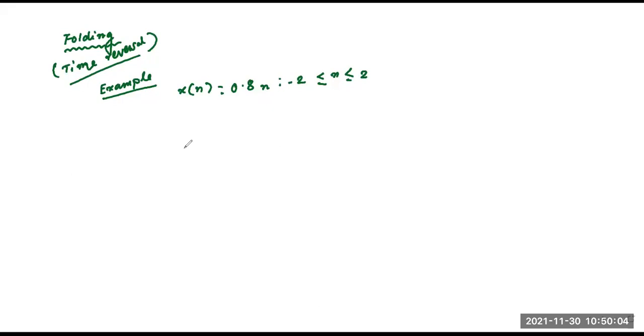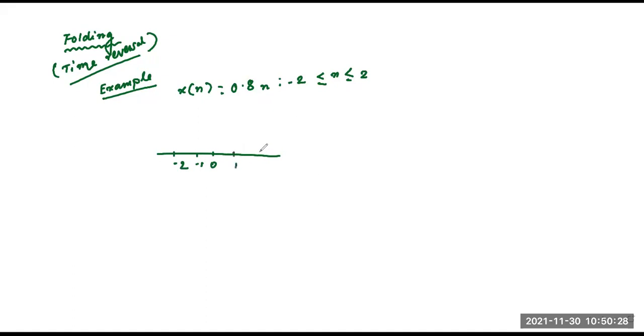Let us do the folding. So let us draw the signal. Okay, so this is the 0th position. This is the -1. This is -2. This is 1.